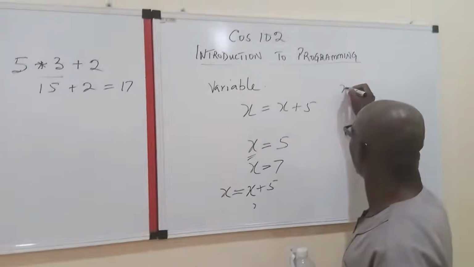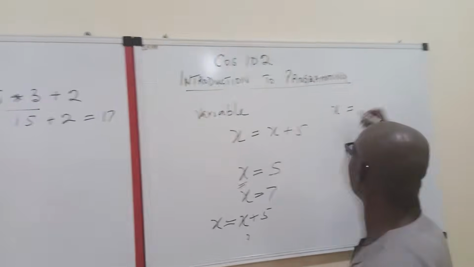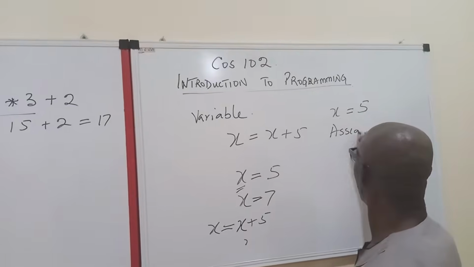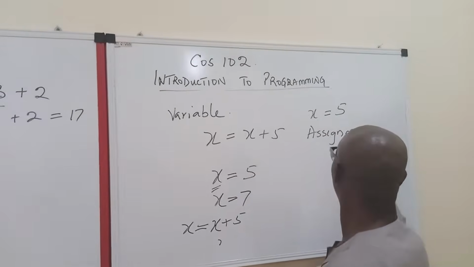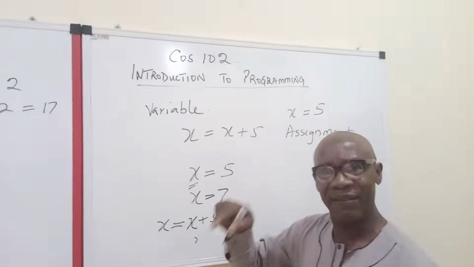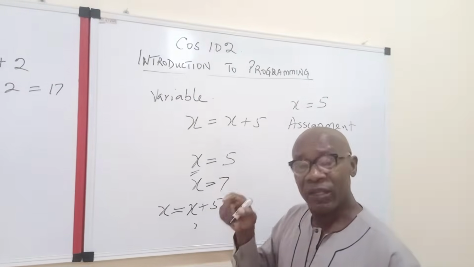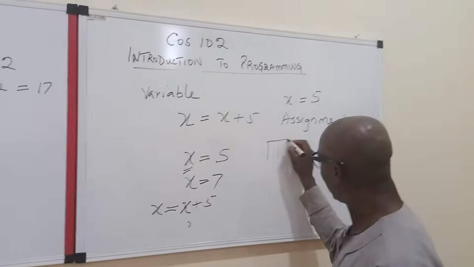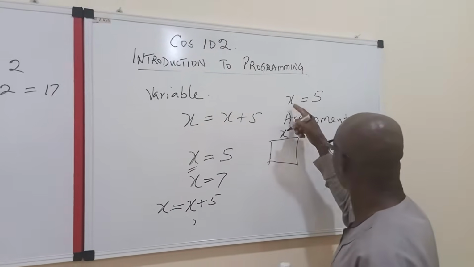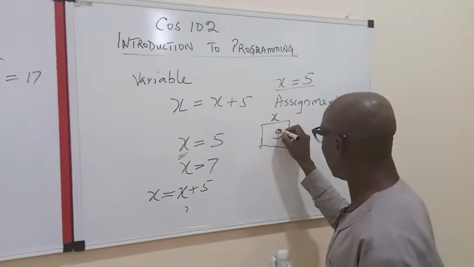So the equal to sign is called an assignment operator. You are assigning a value into the variable. So the variable is just like this. You have a container called x, and inside it, as in this case, is written 5.